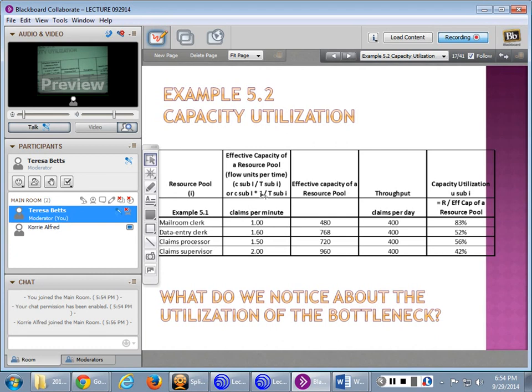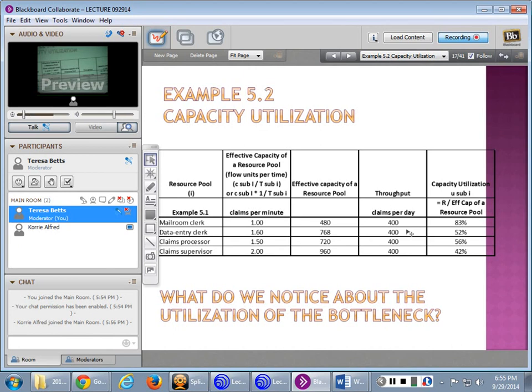All right. So we've got the effective capacity, and we can do 1 claim per minute, and we know that there are basically 480 minutes in a day, 8 hours times 60 minutes. So 1 times 480 gives us 480 is how many they can process in a day. 1.6 times 480 gives us 768. 1.5 times 480 gives us 720, and 2.0 times 480 gives us 960.